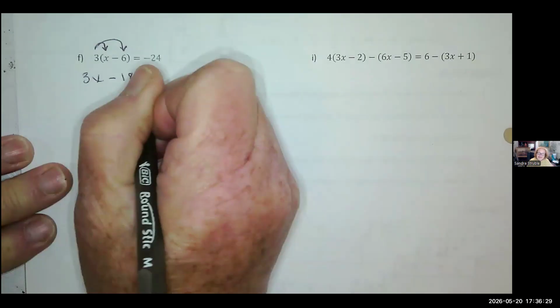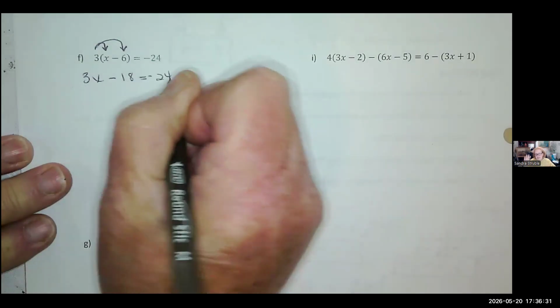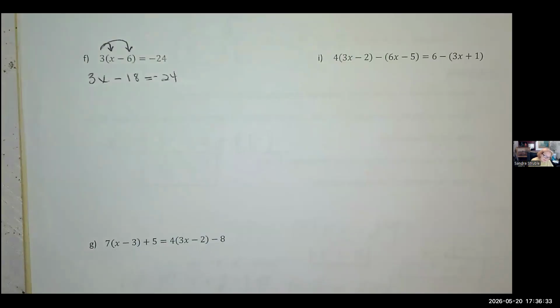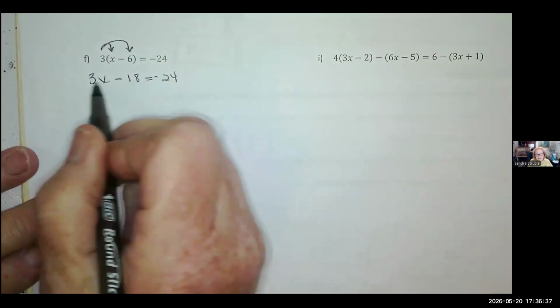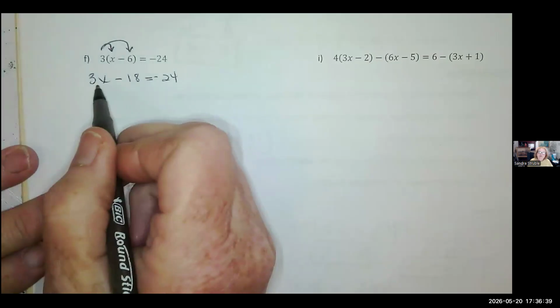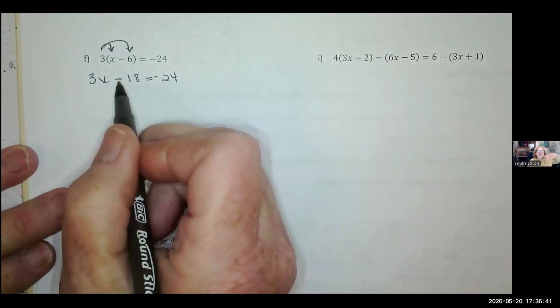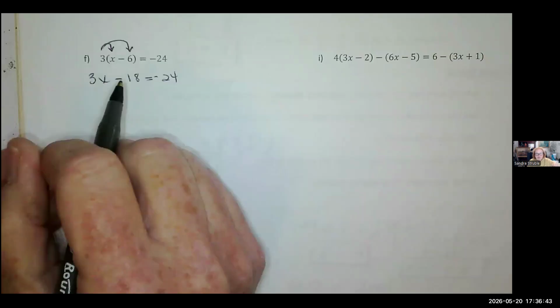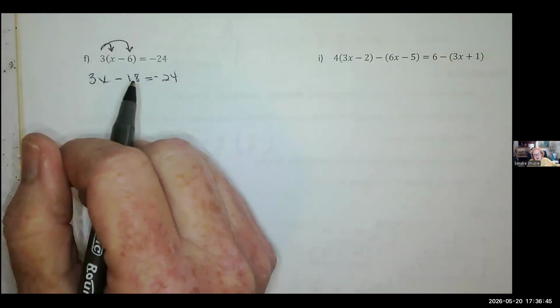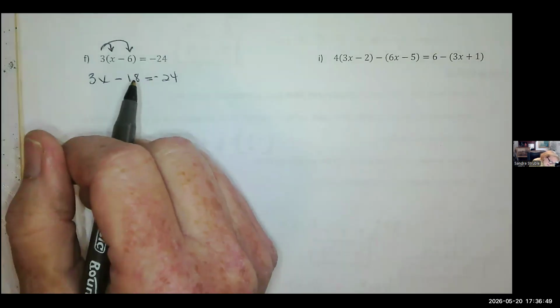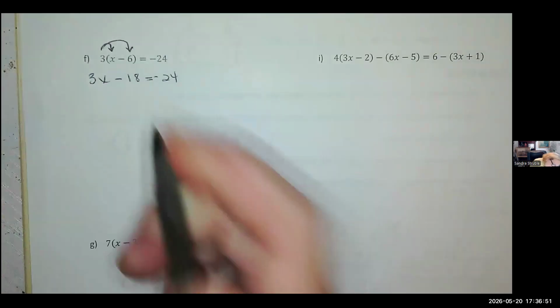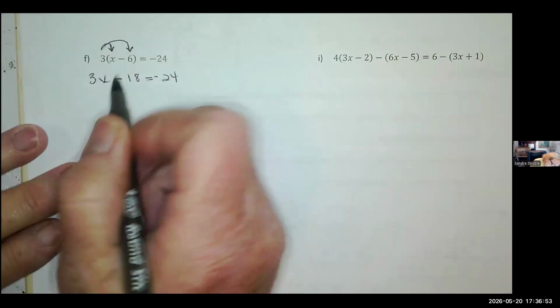Now, I need to get my x's on one side, my constants on the other. So I'm going to see that the 3x, I can't divide by 3 yet. Not until I get rid of this term. If you think of order of operations, this is backwards. We have to add and subtract before we multiply and divide. You're undoing a package, basically. So 18 is subtracted. We're going to have to add 18 to make it 0 out.